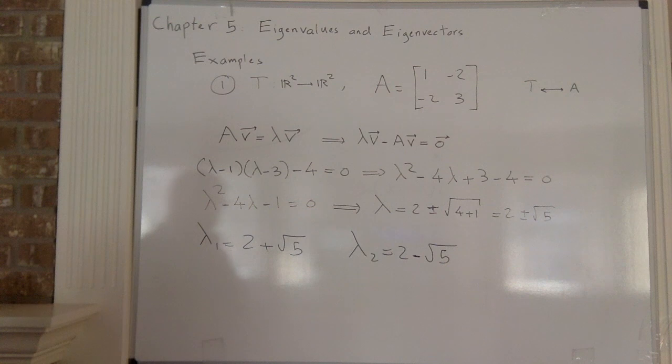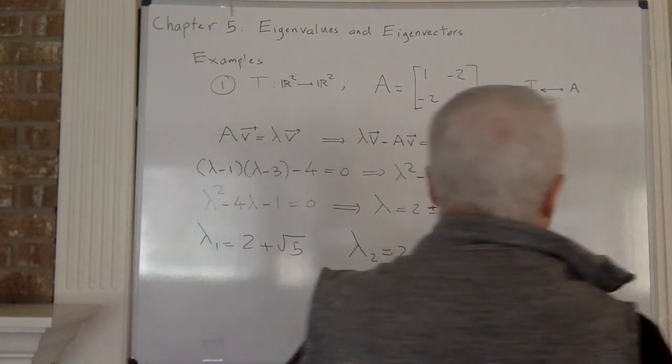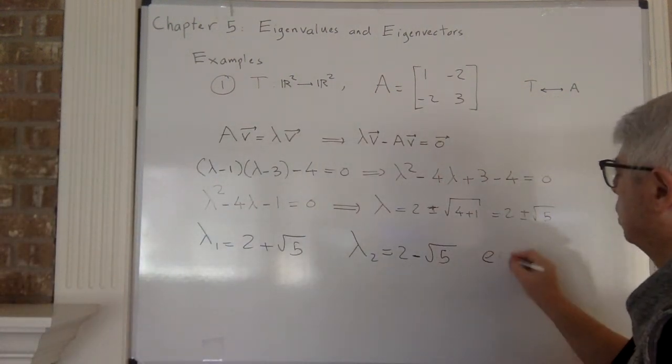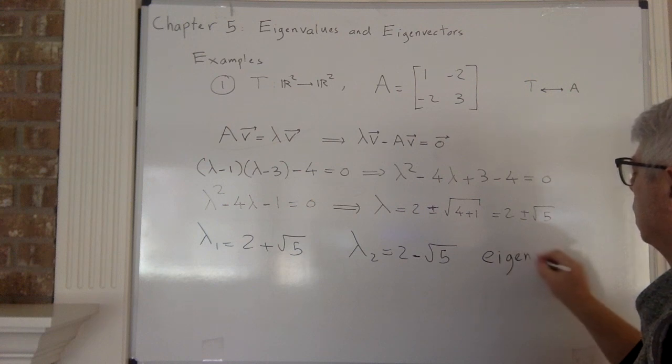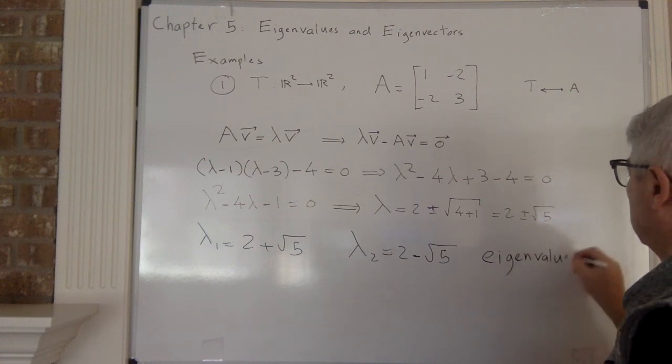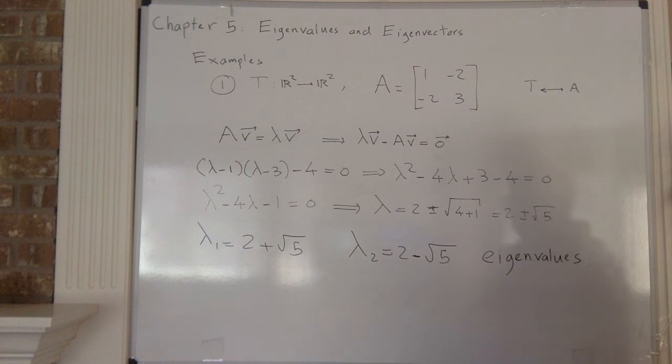We have found the eigenvalues. So we have to find the eigenvectors, the V, corresponding to these two.